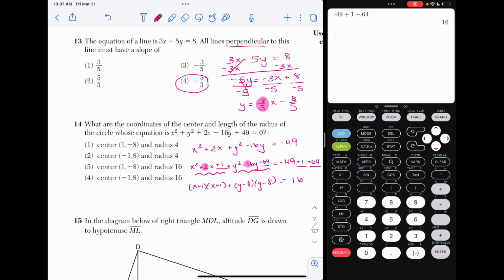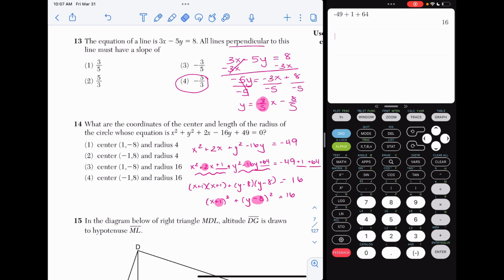Now we're almost done. Let's rewrite this. When you multiply something by itself, you're squaring it. And when I rewrite this with the squareds, you're going to see this is the equation of a circle in center radius form. So to find the center, take a look at these values and negate them.